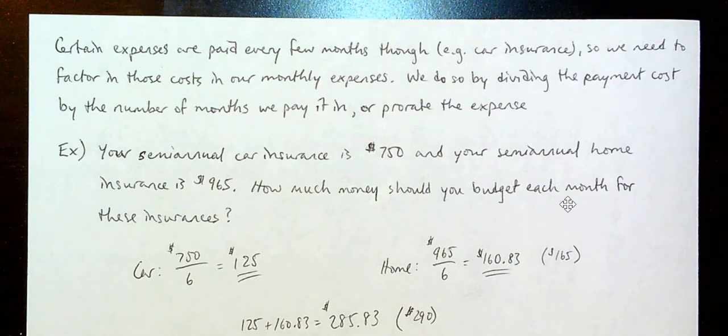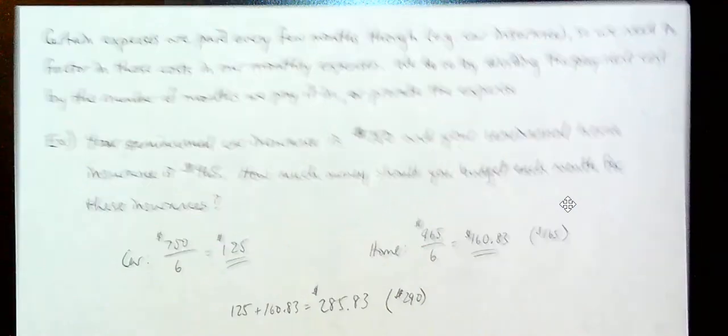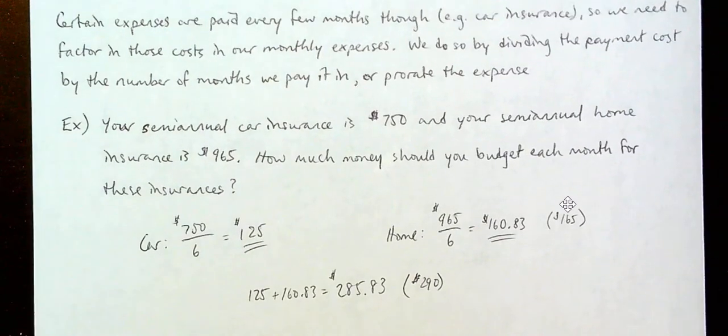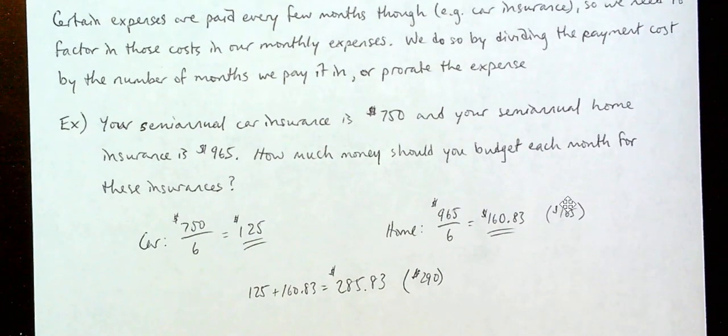Best case, you would actually wind up with more money than what you thought you were planning on having. So always err on the side of less money coming in and more money going out, for the simple purpose of worst case, what you're planning will match up with what happens and you'll be good. Best case, you're going to get more money and or save more money at the end of each month than what you thought you were going to.